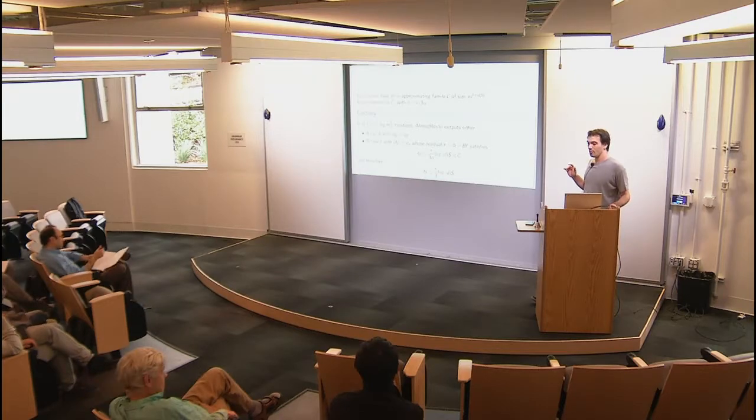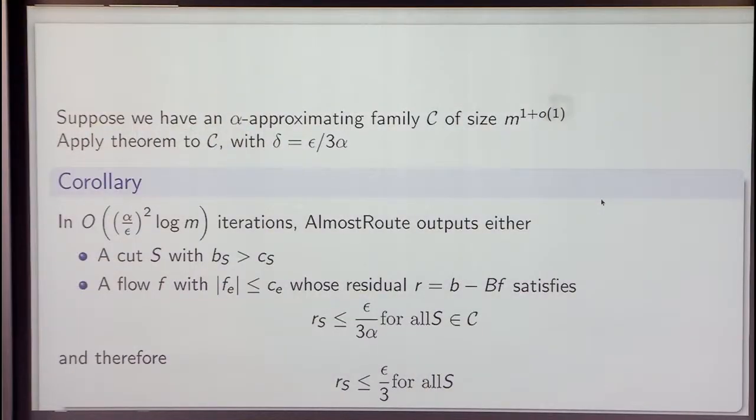It could be much less. But then I know that whatever's left over can be routed with at most epsilon times the capacity. So if I take the sum of the flow I have and that other flow that I know exists, that would certainly congest any edge by at most 1 plus epsilon.